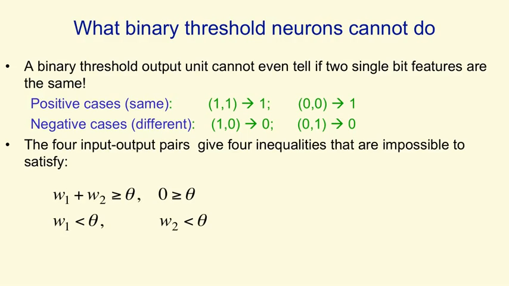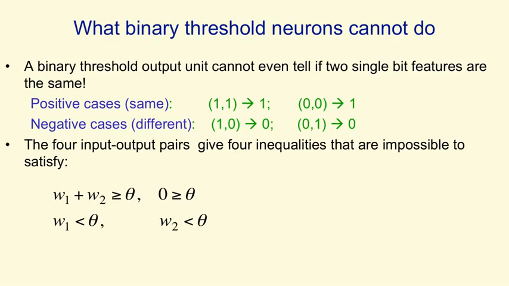And the second positive case gives us the inequality that 0 times W1 plus 0 times W2 must also be greater than the threshold. And the negative cases give us the inequalities that 1 times W1 plus 0 times W2 must be less than the threshold, and similarly 0 times W1 plus 1 times W2 must be less than the threshold.